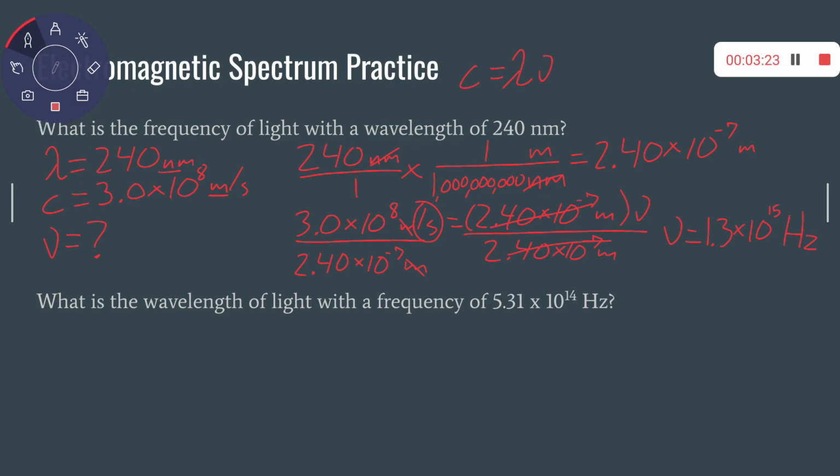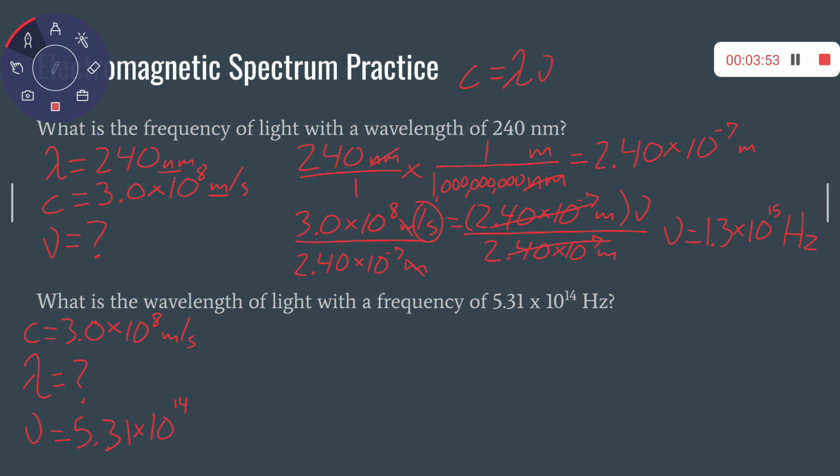So now let's try the next one. We want to find wavelength, but we're given a frequency. So we still need c equals lambda nu. We know what c is, 3.0 times 10 to the 8th meters per second. We don't know lambda, but we do know nu, and that is 5.31 times 10 to the 14th hertz.